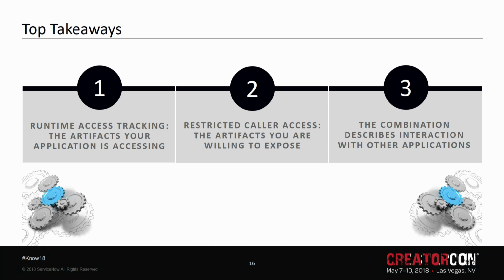So global applications would be more from a packaging point of view than anything else, so that you can have a similar packaging experience to what you have in scoped applications, although it would just be for global.